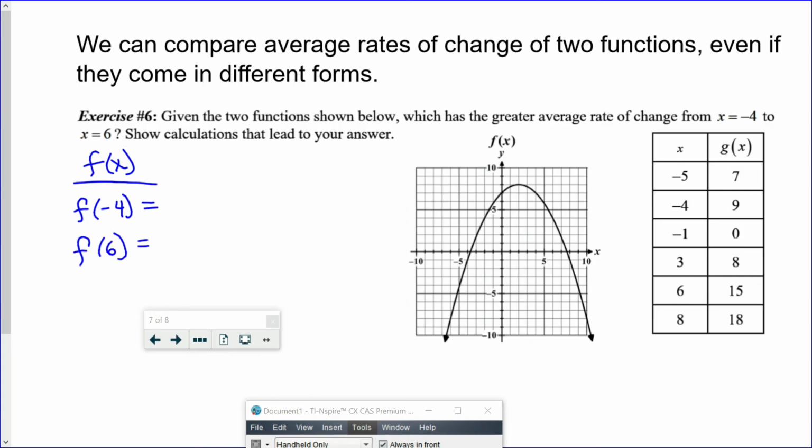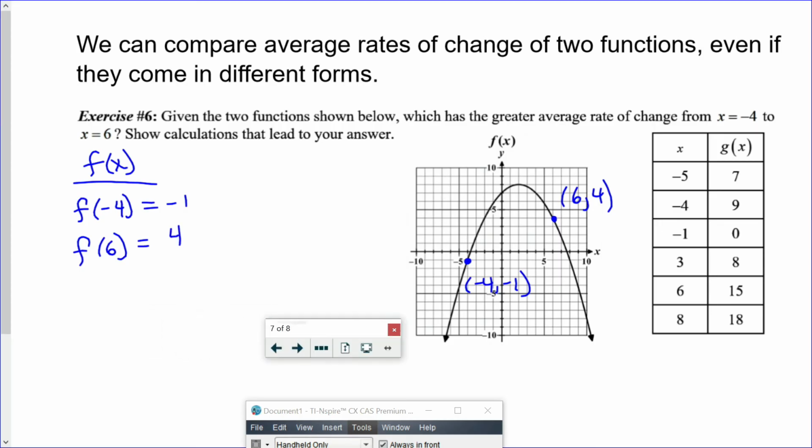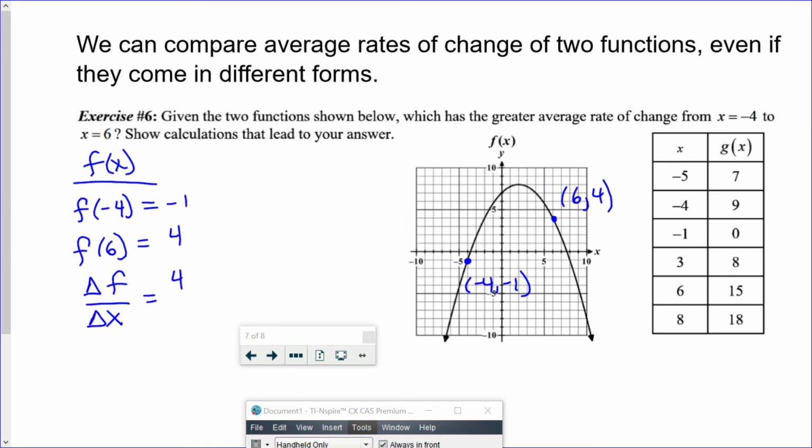Well, f of -4, I can go over here, right? I've got the point -4, -1. So f of -4 is -1. Then if I go out here to 6, I've got the point 6, 4. So f of 6 is equal to 4, right? So now I can do change in f divided by change in x, and that's going to be 4 minus -1 all over 6 minus -4.